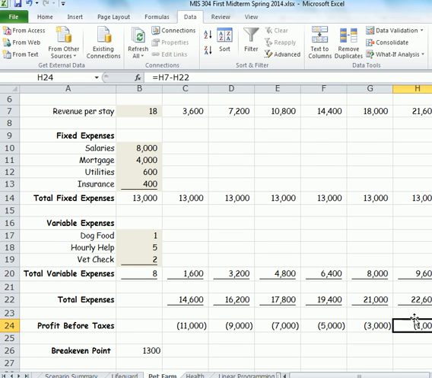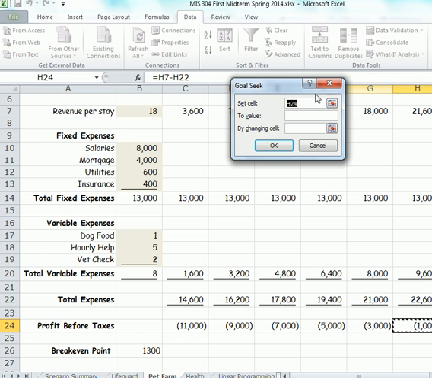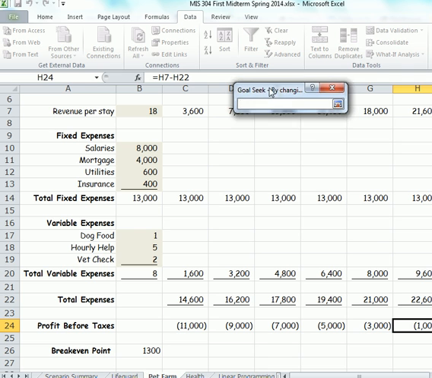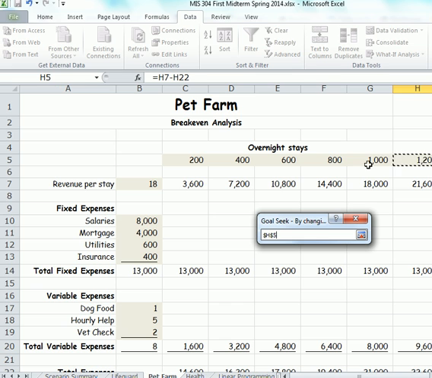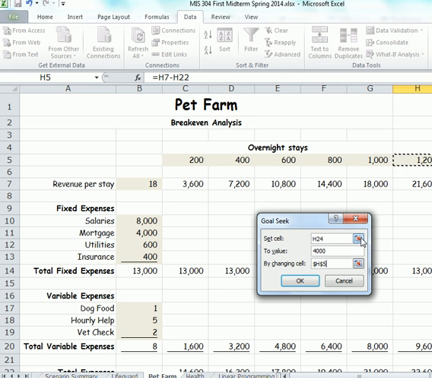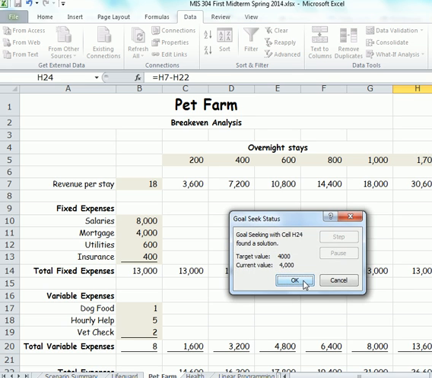Or it could be, again, that I want you to change the profit to 4,000 by changing the number of stays. And it becomes 1,700.